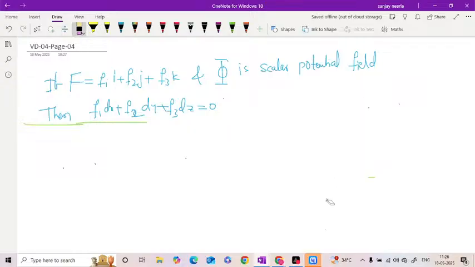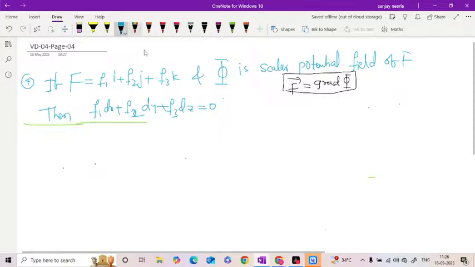But what is the necessary and sufficient condition for this exact differential equation?